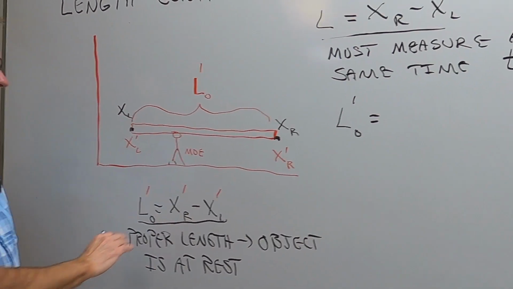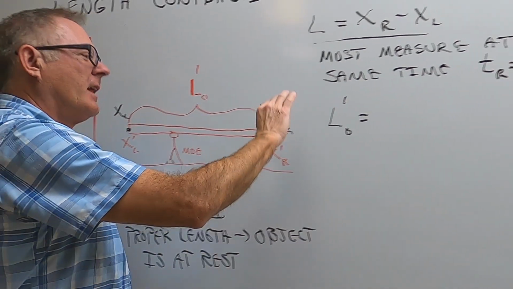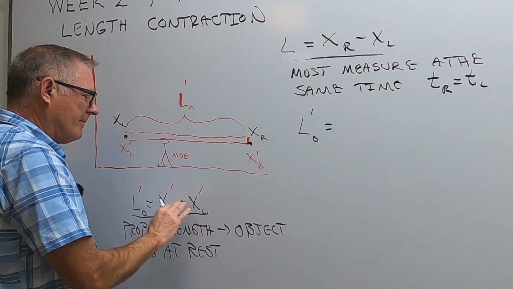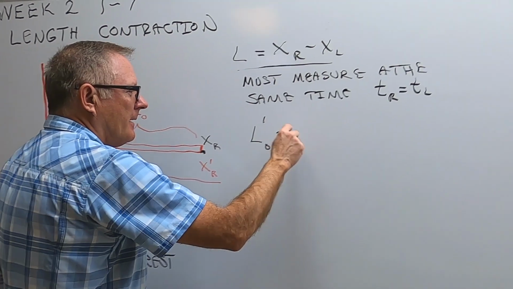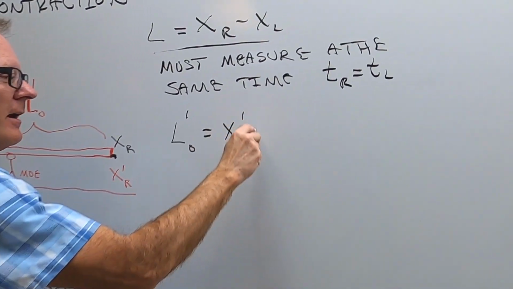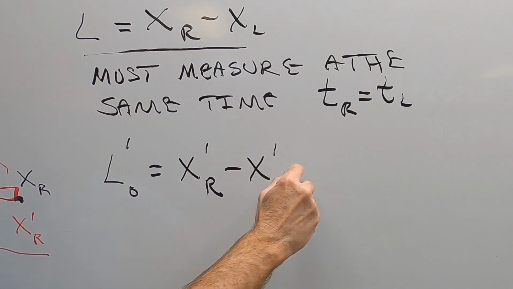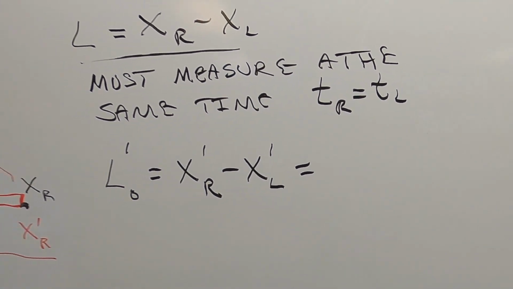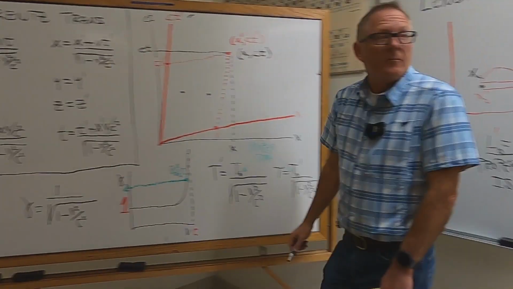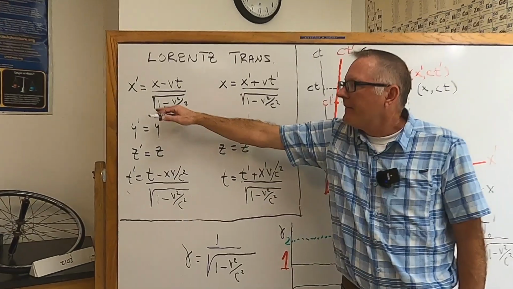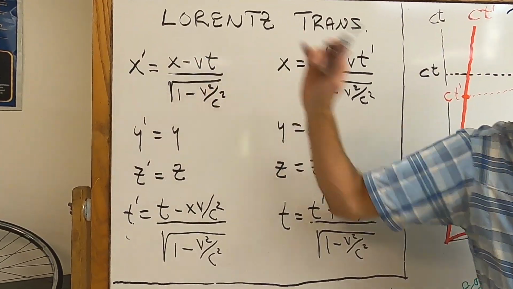Okay, so if we just plug in, we've got x sub r prime minus x sub l prime. Now we'll plug in, going from the prime to the unprime.